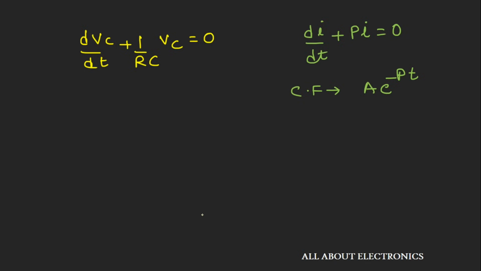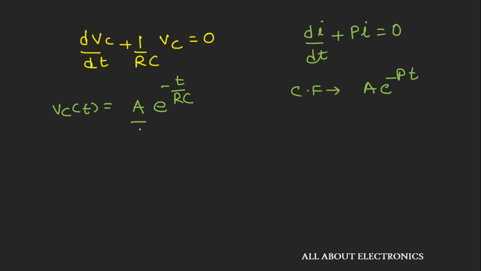The complementary function, or source free response, for the first order linear differential equation can be given as A e to the power minus pt. Similarly, for this equation we can write the solution Vc as A e to the power minus t over RC. Now to find this coefficient A, let's apply the initial condition in this equation.